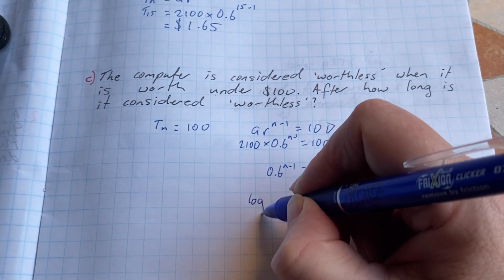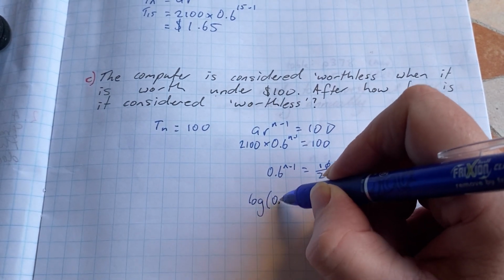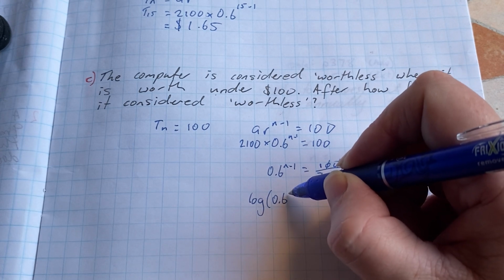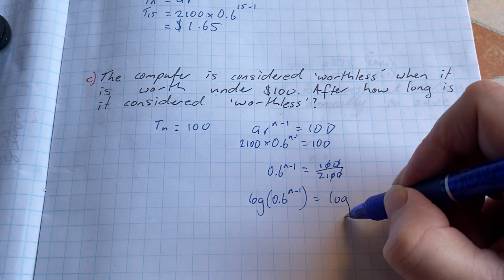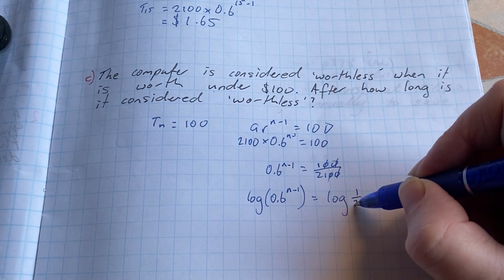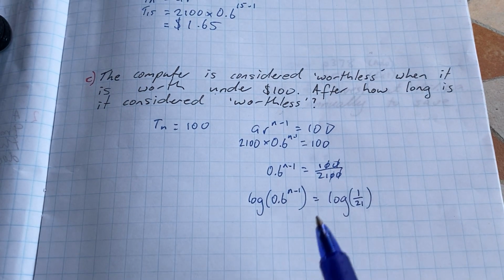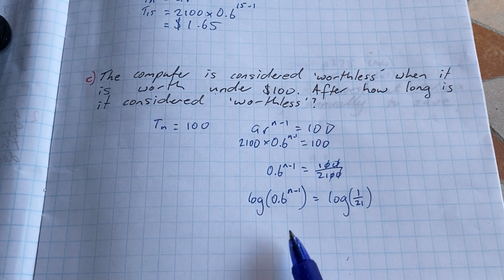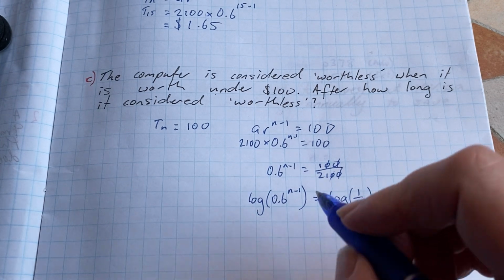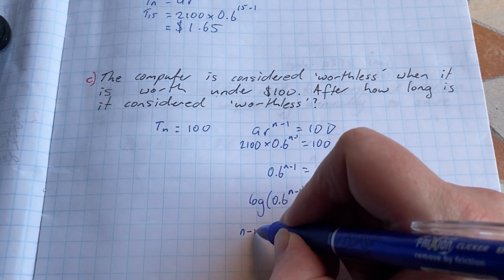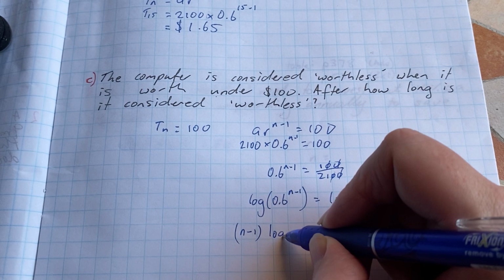It doesn't matter which base log you use. You can use any base log because it really is exactly the same thing as long as you're doing exactly the same thing to both sides. I normally use log base e, but you can use any log you want. Remember the log laws: when you've got a power, the n minus 1 comes down the front. So really nice little log law for solving this type of thing.